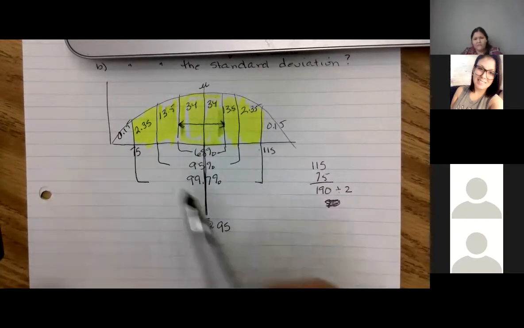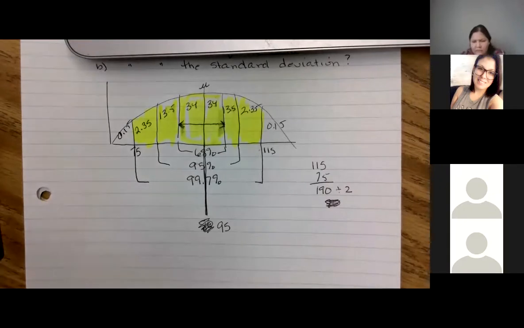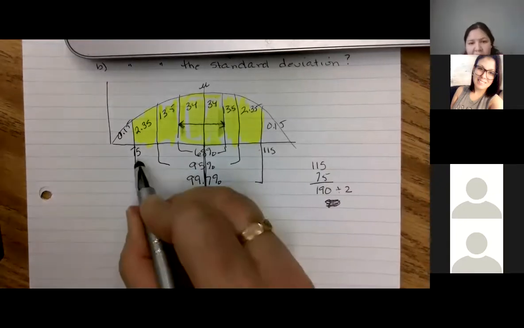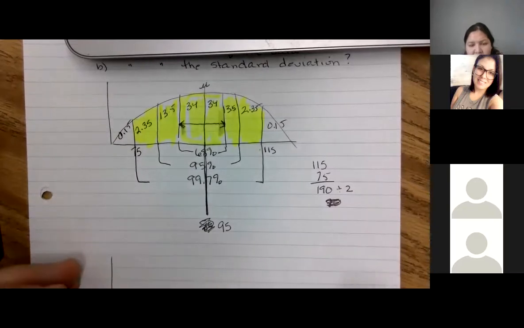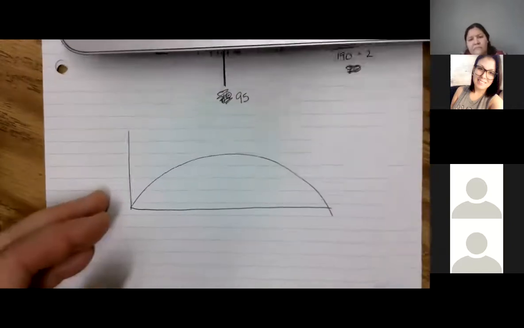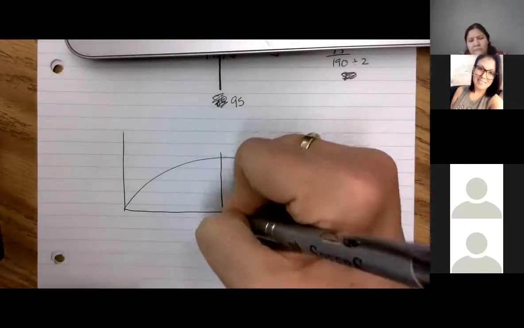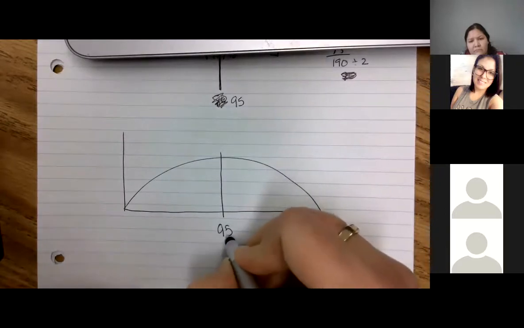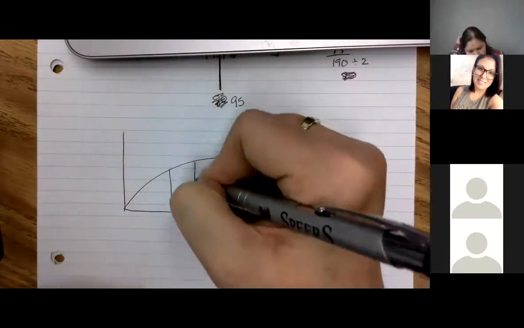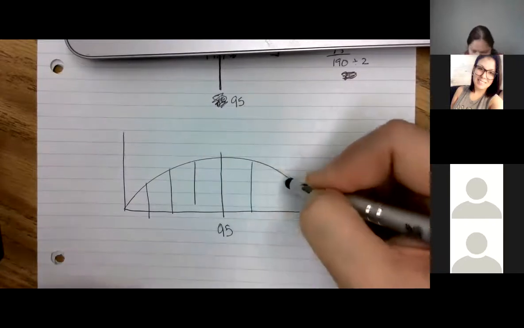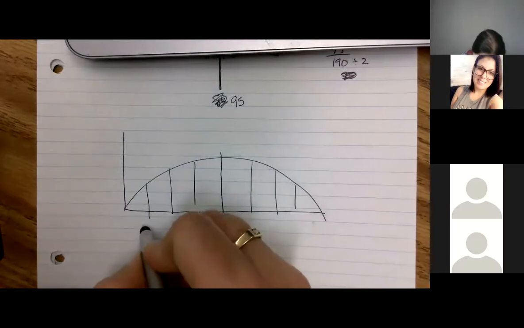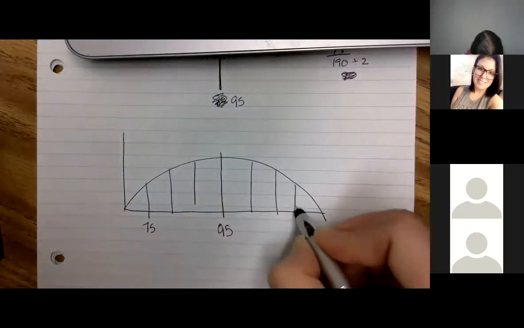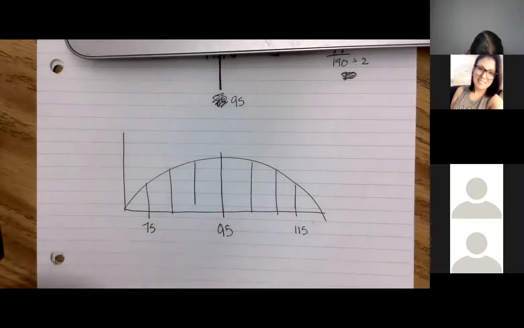Okay, hold on. No, here's my picture again. We now know that this is 95. And we know that this one is 75. And that's 115.